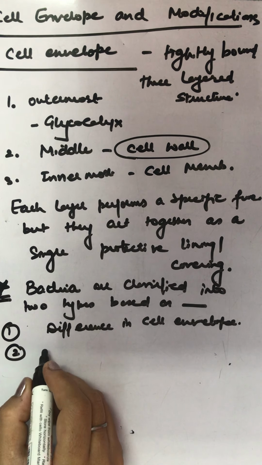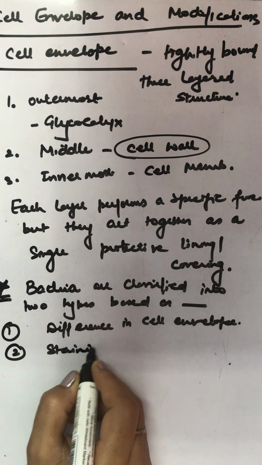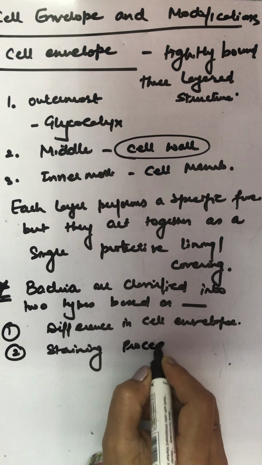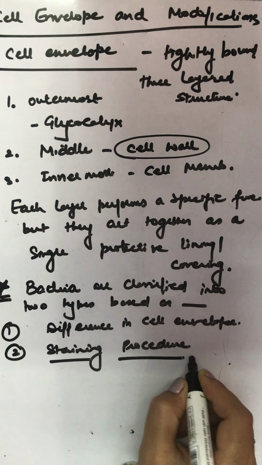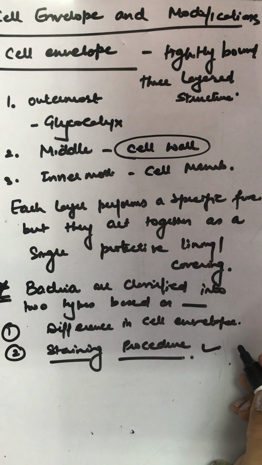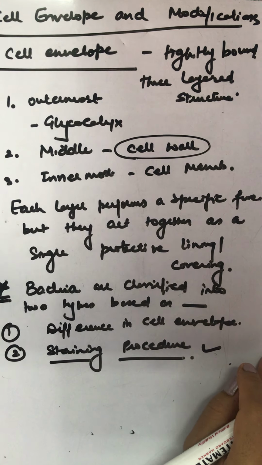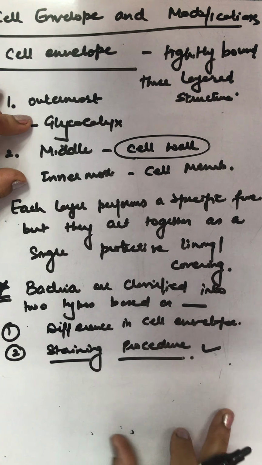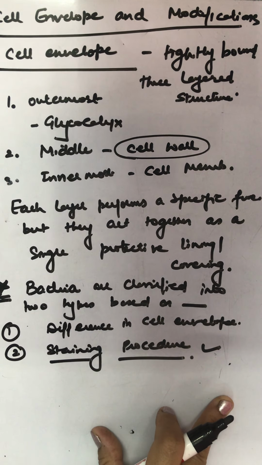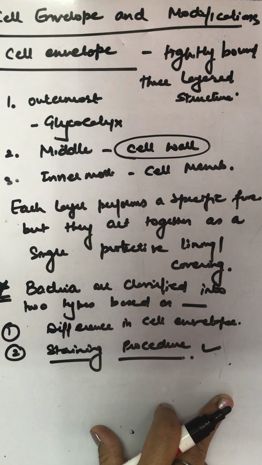Number two, staining procedure. The staining procedure is just the same that we have covered, gram positive and gram negative. And difference in the cell envelope: what is the composition of the cellular envelope?